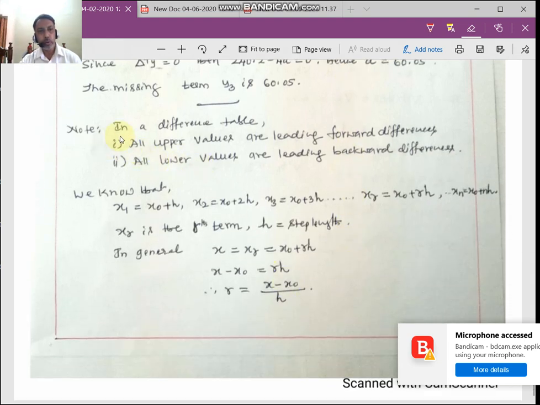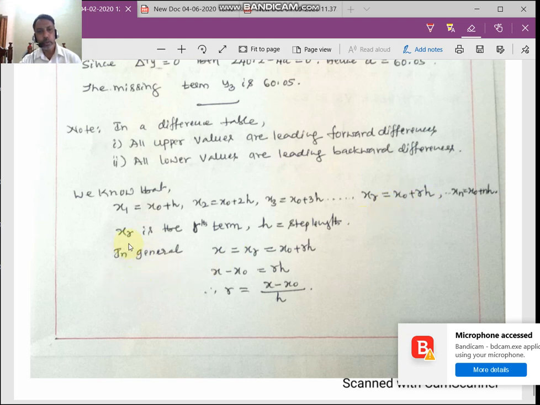And we can observe that in a difference table all upper values are leading forward differences and all lower values are leading backward differences. And also we can write x1 as x0 plus h, x2 as x0 plus 2h and so on, an rth term xr is equal to x0 plus rh.